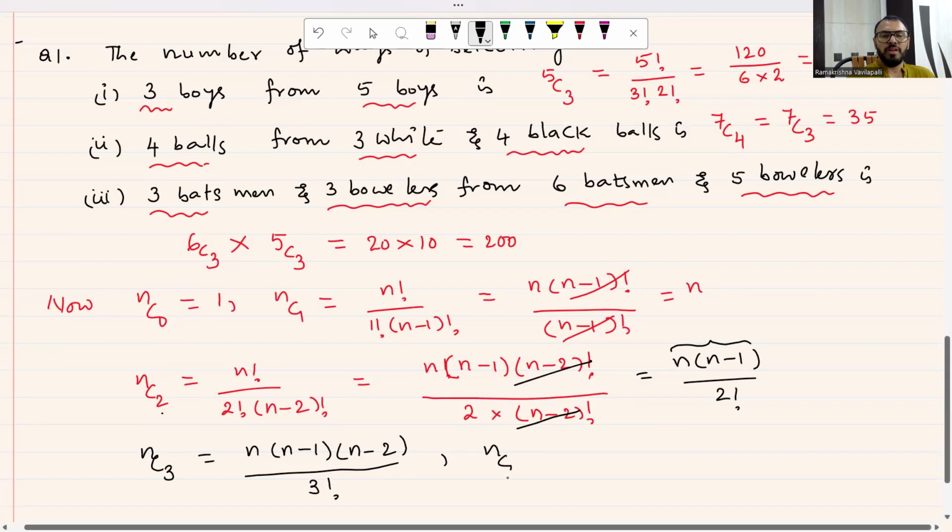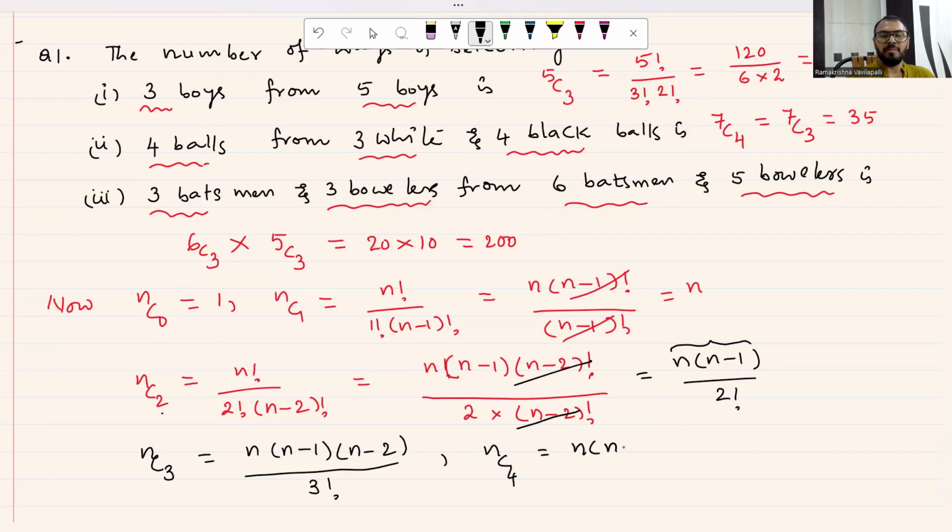And nC4 equal to n into n minus 1 into n minus 2 into n minus 3 whole by 4 factorial. Like that. We don't need more than this, in fact.